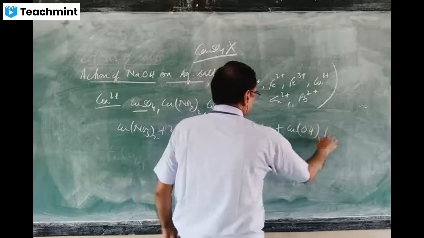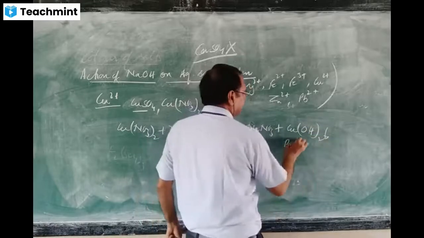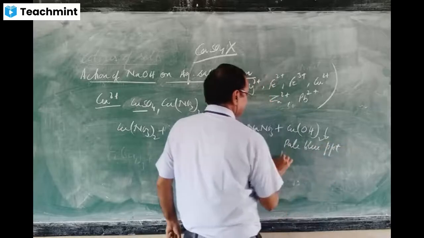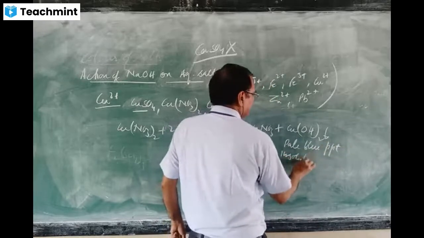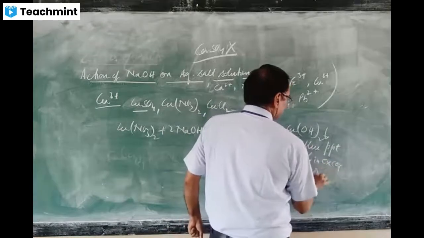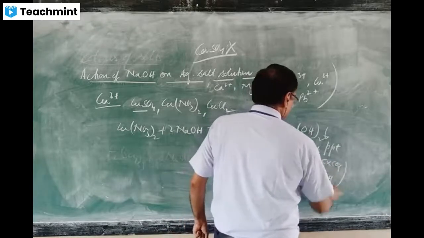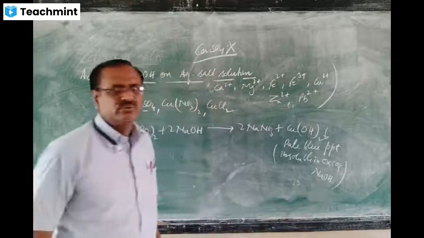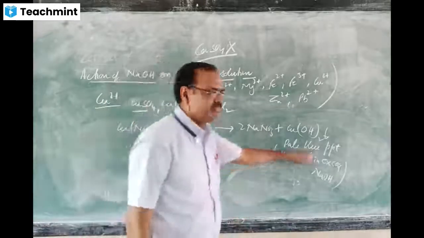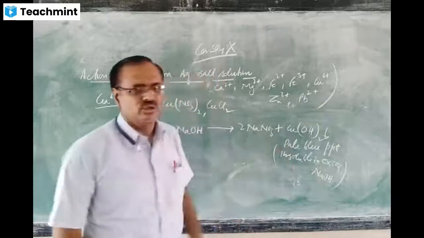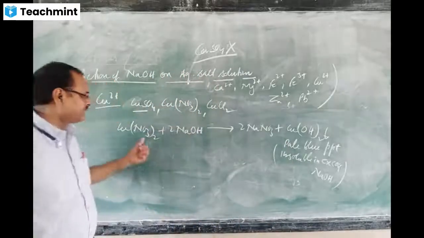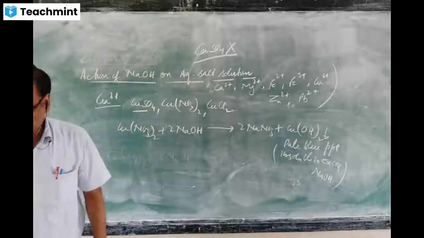This copper hydroxide is a pale blue precipitate, insoluble in excess sodium hydroxide. Pale blue means whitish blue, like a shirt color. Same way you can write with copper chloride also; in place of nitrate, chlorine will come.